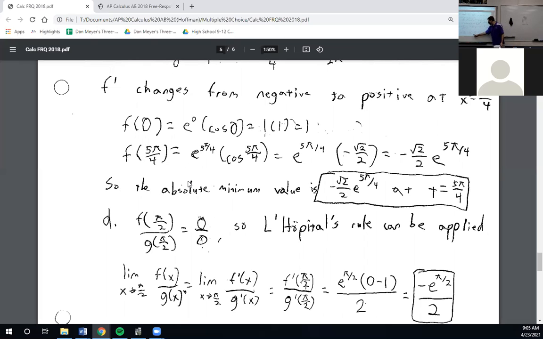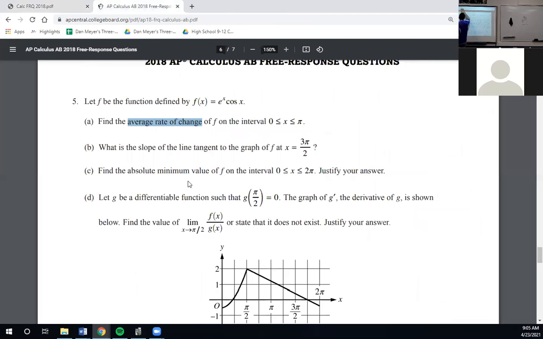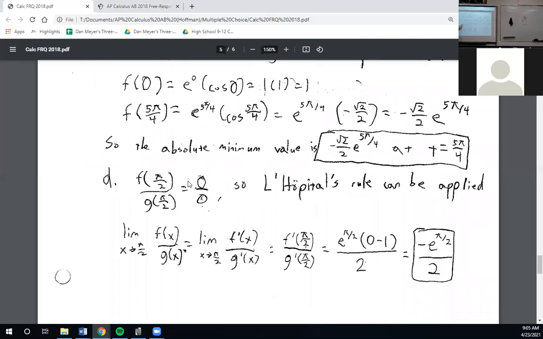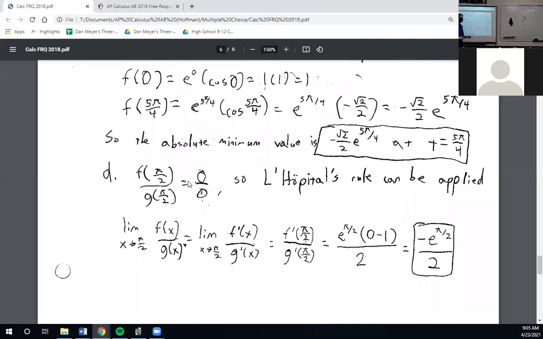And then the derivative of g at pi over 2, well, I just look at the graph they give me, because that's the graph of g prime. So at pi over 2, g prime is 2. And so 2 goes on the bottom. And that's your answer for the limit. That one was tricky because catching that it's L'Hopital's rule was difficult.